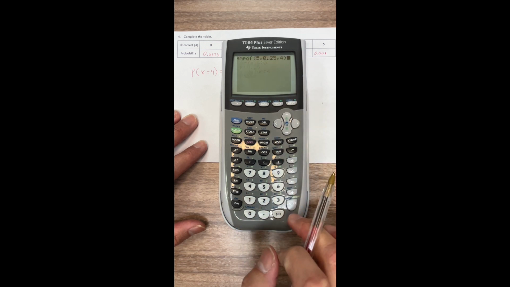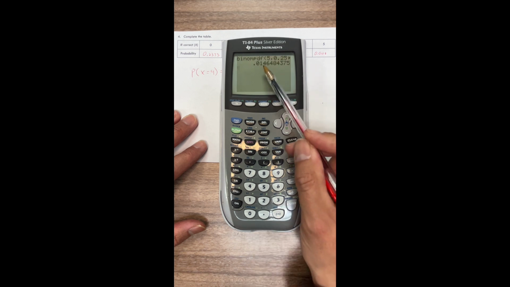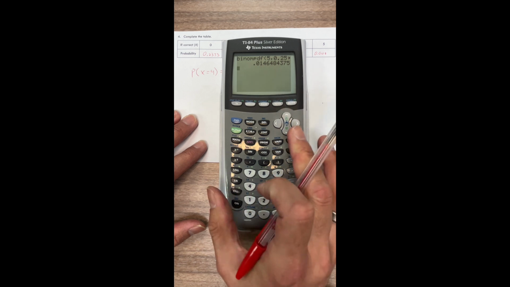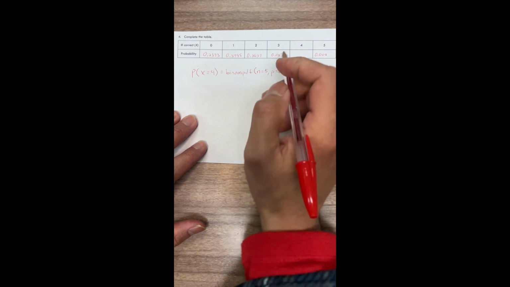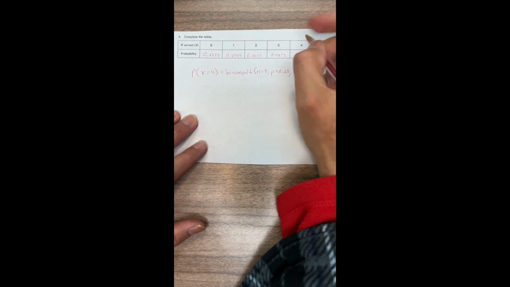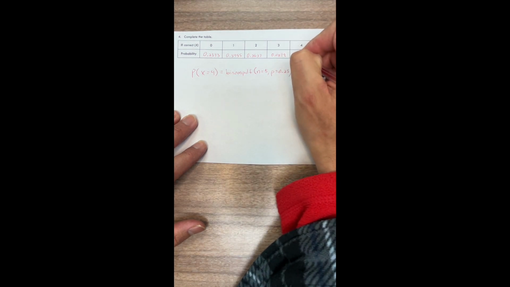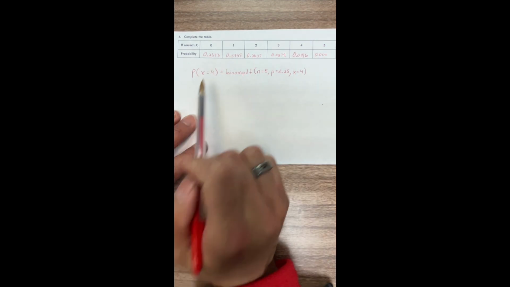You paste, and your probability, you can round to 4 decimal places, 0.0146. So the missing probability in this table when x equals 4 is 0.0146. Okay, so that's one way you can find that probability.